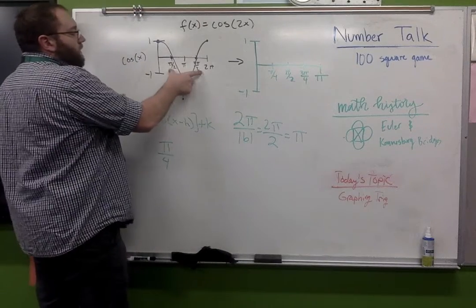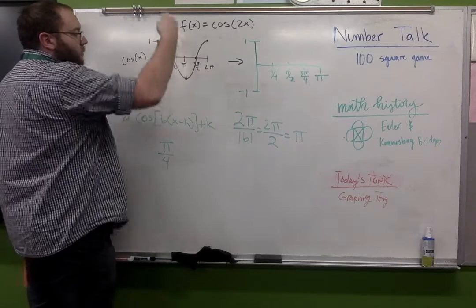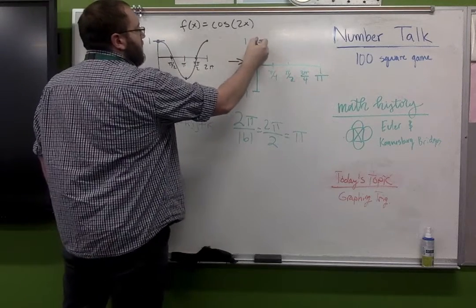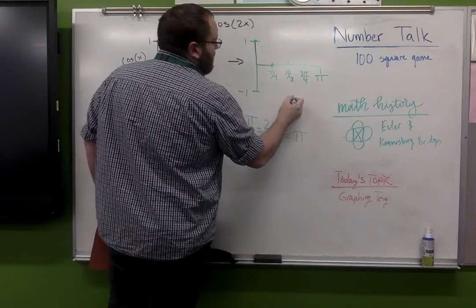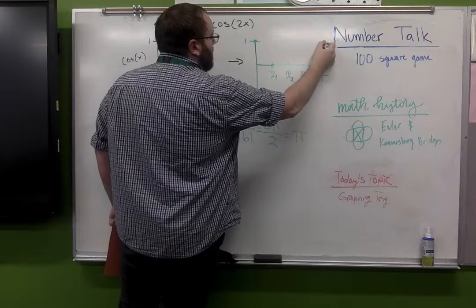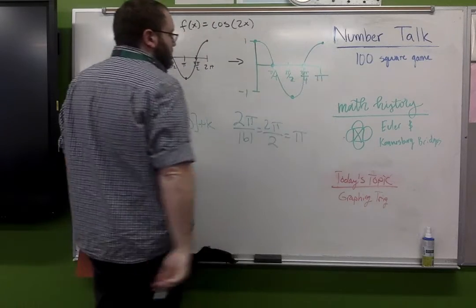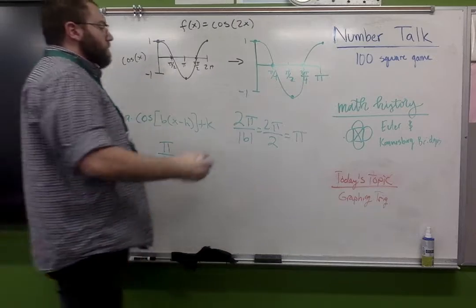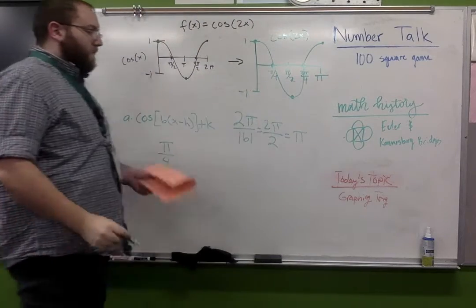Now the angles changed, but the points didn't change, right? The y values. So we're still here at 1, 0, negative 1, 0, 1. And there's your graph. Cosine of 2x. That's your graph.